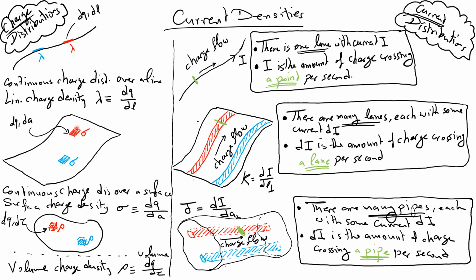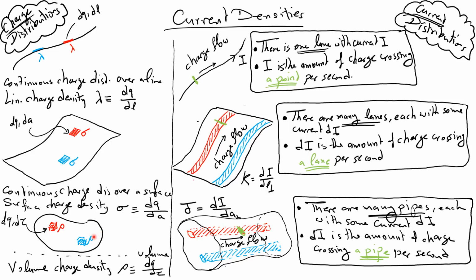And same story with the surface charge distribution, which you can also define if you have a surface. Again, you divide this whole area into little areas, each of which is called dA, and every patch contains an amount of charge dq. Then this quantity is the definition of a surface charge density, which is a way to quantify how the charge varies from one point to another over this surface.